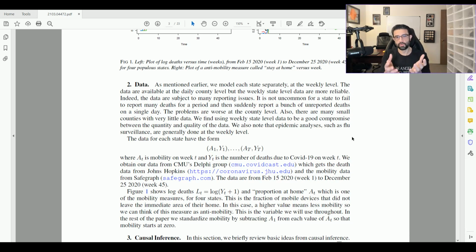And this is a very important portion of the paper to read and to understand, but don't get intimidated by it. This is simply mathematical notation that explains the data.